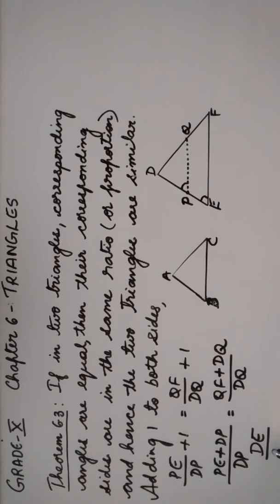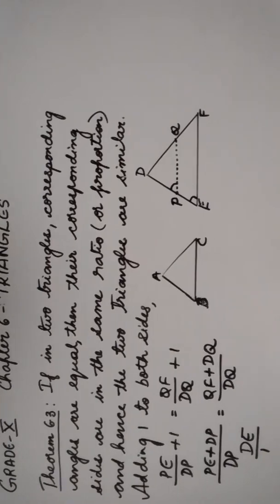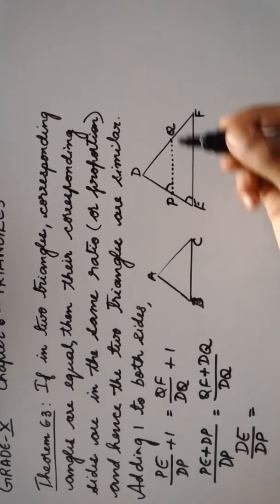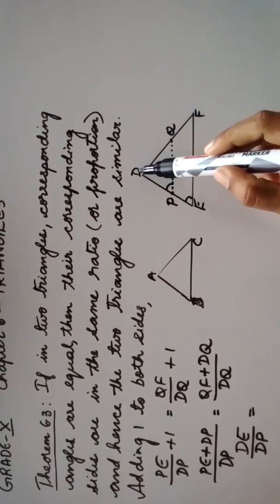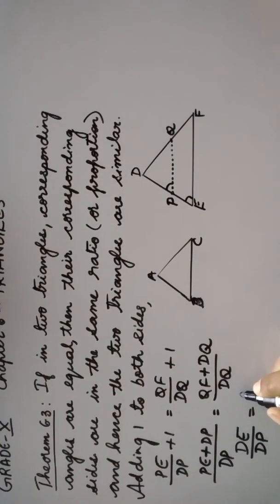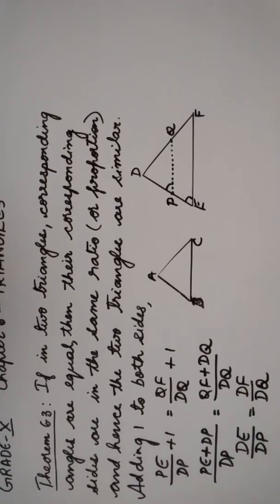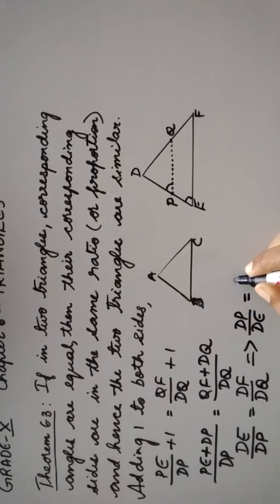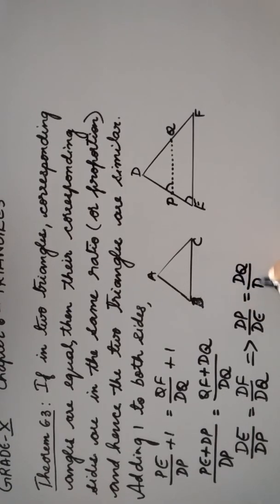So DE by DP, which is equal to, what is QF plus DQ? It is DF by DQ. Which implies that, so I can write DP by DE, which is equal to DQ by DF. It is the same.